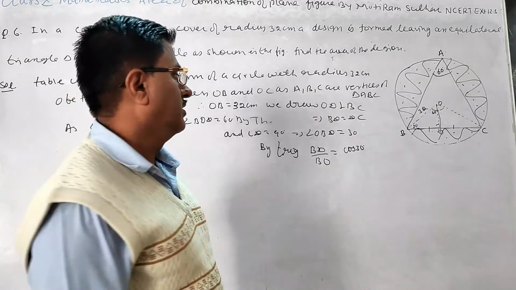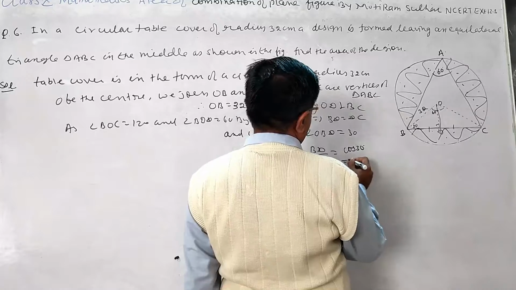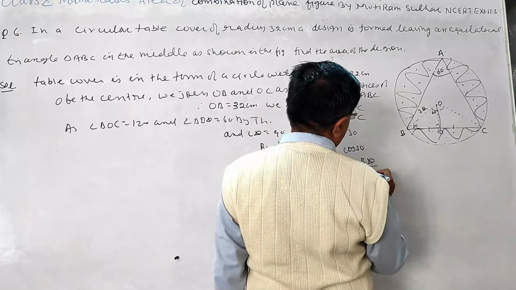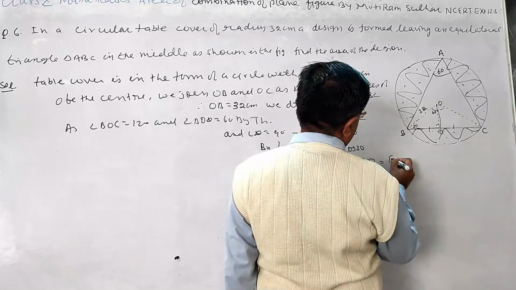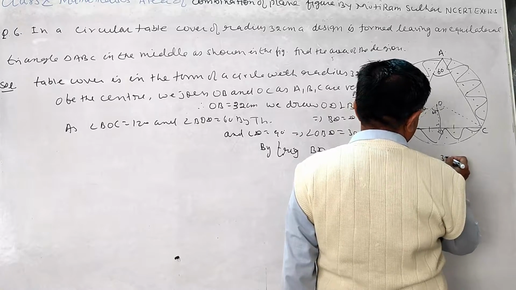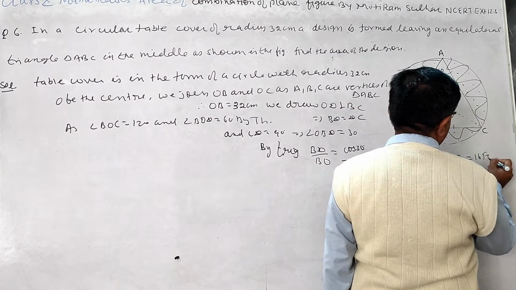Base upon hypotenuse. So we get BD, we are to find, and BO is already given 32 and the value of cos 30 is root 3 by 2. So we get BD equal to 32 by 2 into root 3, or 16 root 3.